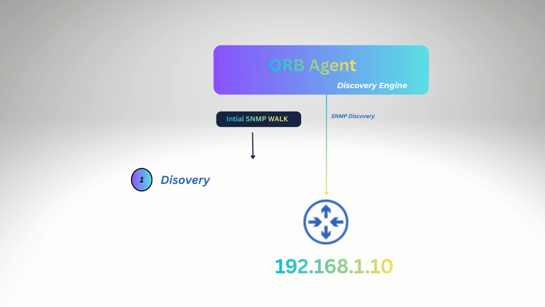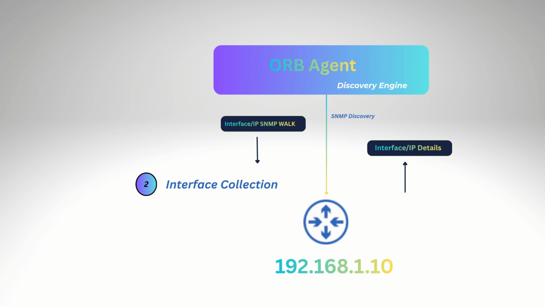The router responds with a host name, its model number, serial number, and a bunch of other details. On the next step, the ORB agent makes another SNMP request asking for all the interfaces. The router responds with Gig 0/0, 0/1, 0/2, and so on, including the status, MAC address, and configured IP address.